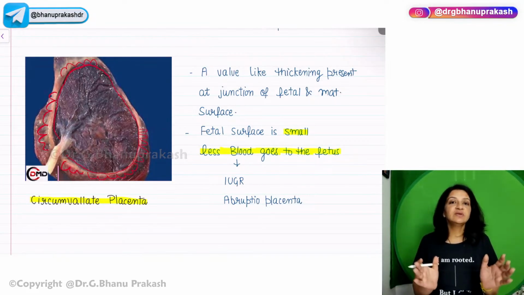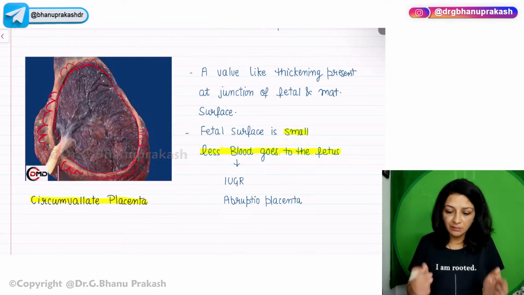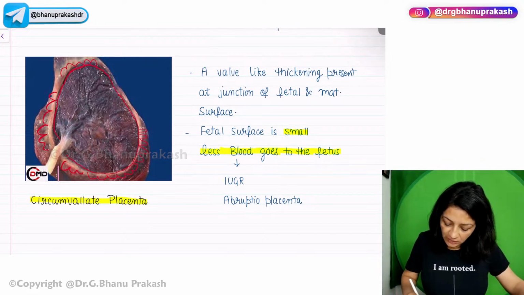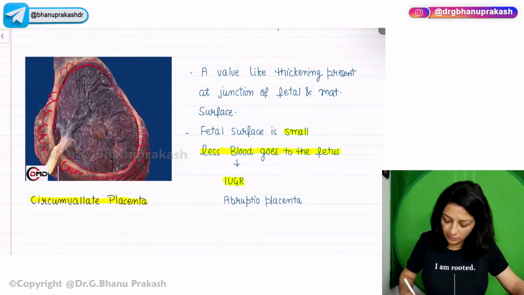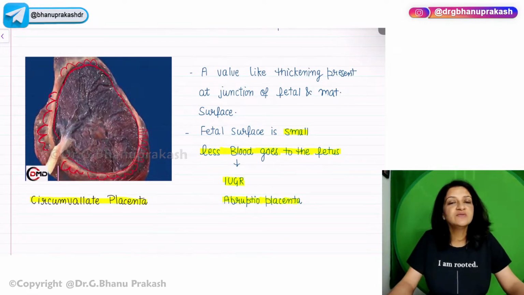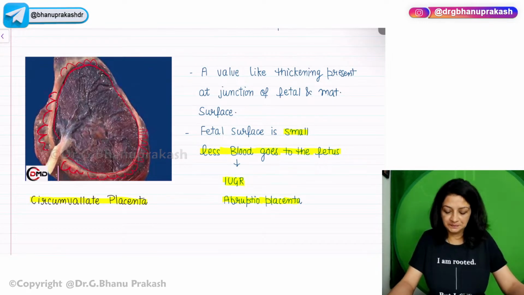If the fetal surface is small, less blood will go to the fetus. Then it will lead to IUGR, intrauterine growth restriction, and abruptio placenta. So these are the complications of circumvallate placenta.